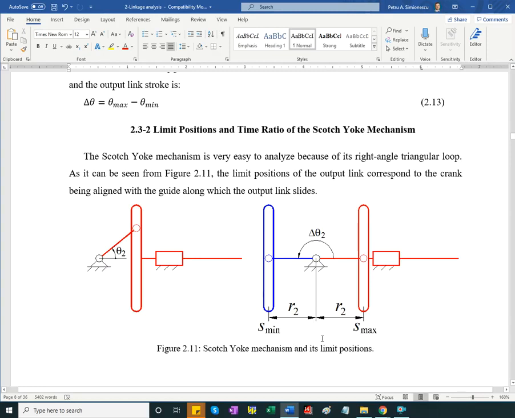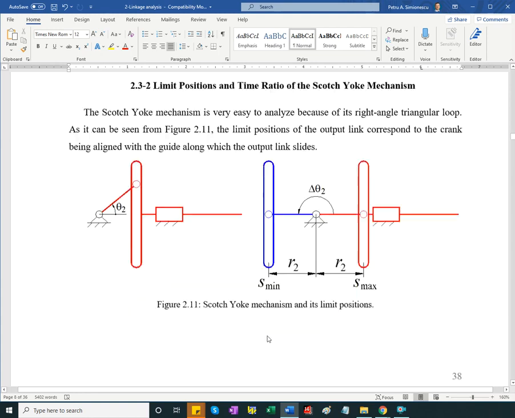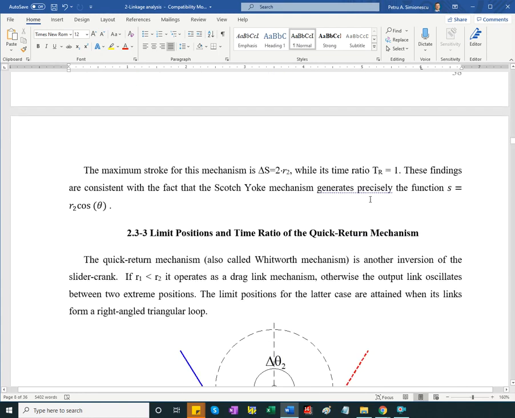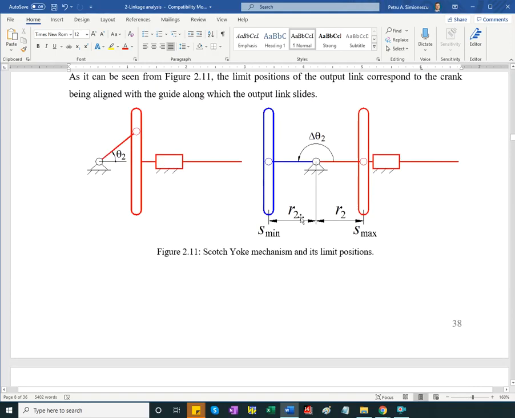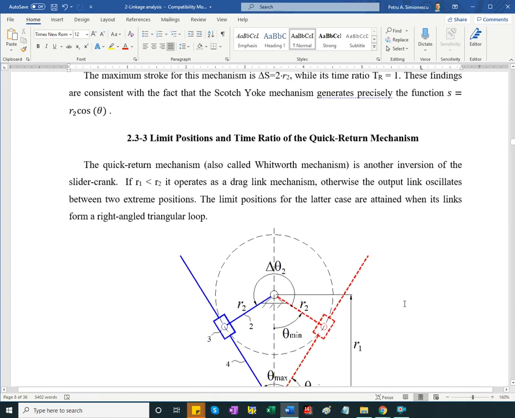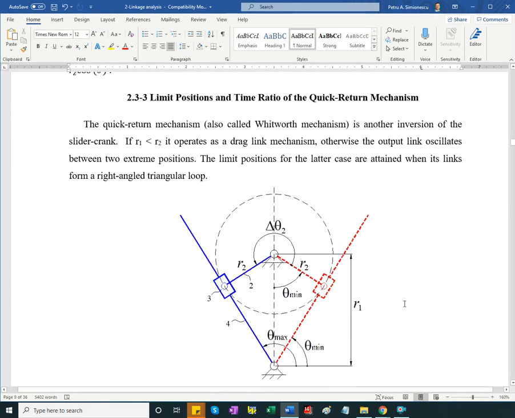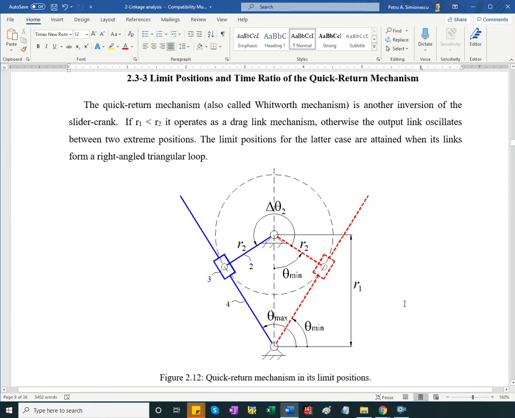And it means the time ratio is always going to be 1. It means that the linear stroke of the Scotch yoke is going to be 2 times the crank radius, 2 times R2.